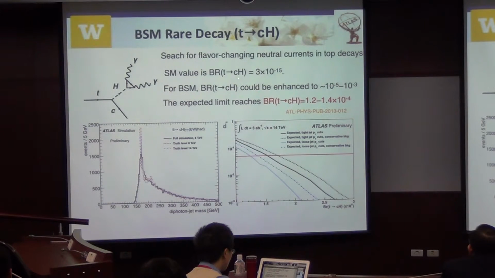The Standard Model has a prediction of 3 times 10 to the minus 15 branching ratio. This is extremely small. But you could easily introduce some beyond Standard Model physics to enhance this branching ratio. So this is one of the dream search channels we want to probe, with a chance to discover new field theory.